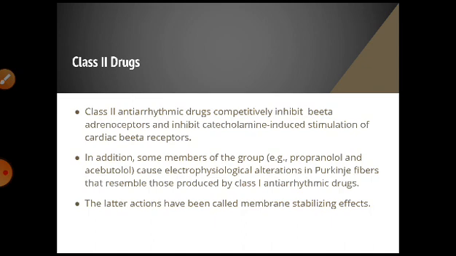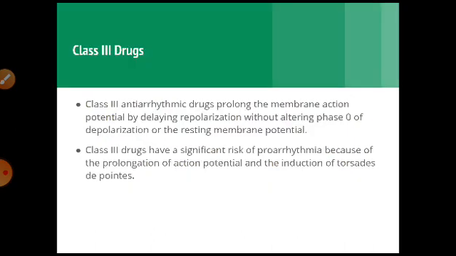But the main effect is by blocking the stimulation by beta receptors. The latter action has been called membrane stabilizing effects. So these are the beta blockers with membrane stabilizing action.